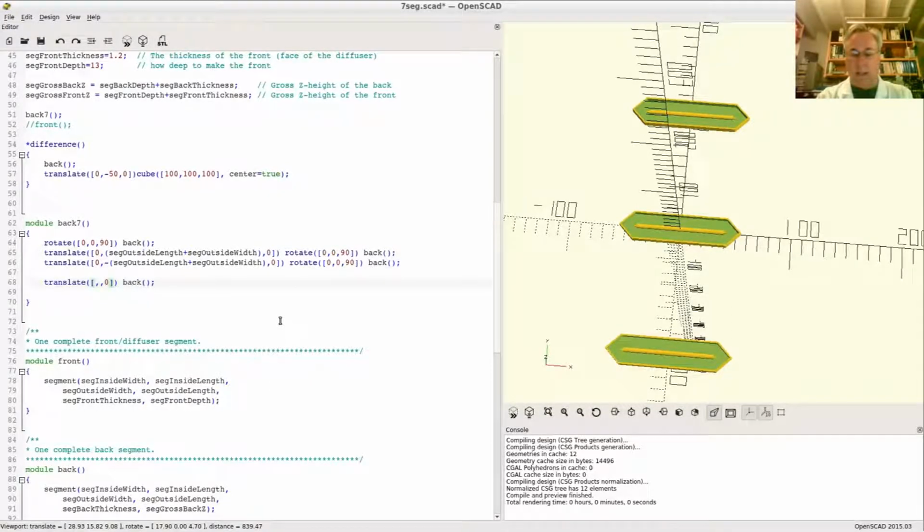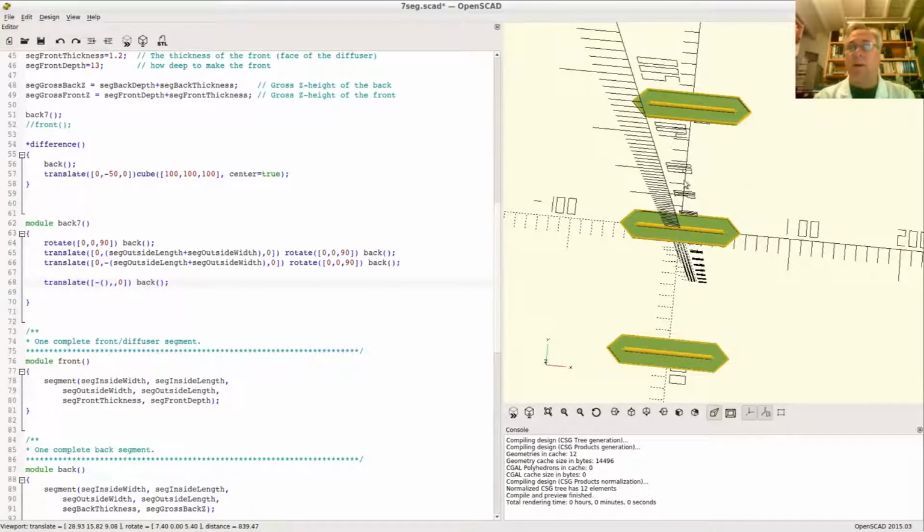So that's in X. So we're going to be minus 1 thing there. And then in Y, I got to move the center of the segment from here to there. That's half of, it's the same amount. It's going to be half of the outside width plus half of the outside length.